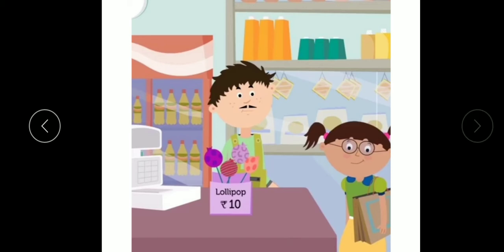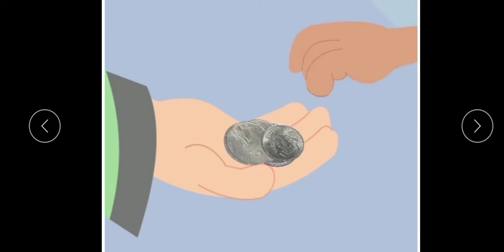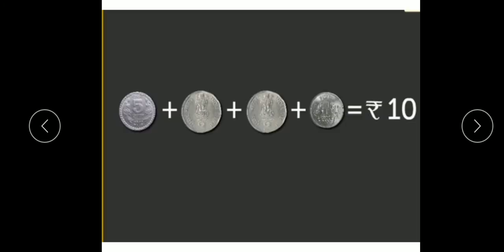Now, Saira gives this much money to the shopkeeper. She gives a 5 rupee coin, then a 2 rupee coin, then one more 2 rupee coin, and then a 1 rupee coin to the shopkeeper. What does it mean?